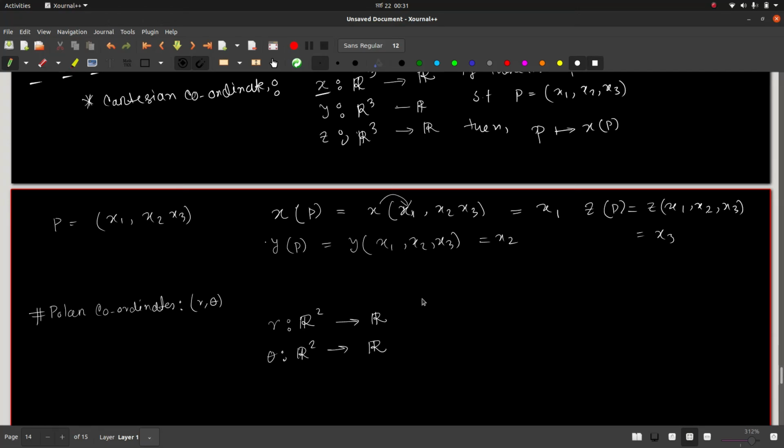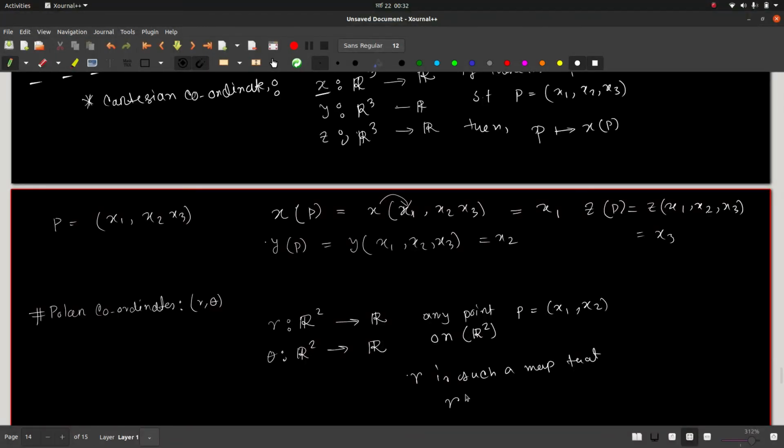Now if any point P is denoted over the manifold, R squared is denoted by this x1 and x2, right? So r is such a map that when acted over this point P, it takes both of these entries, and then it squares them, adds them, and finally takes the square root of them.